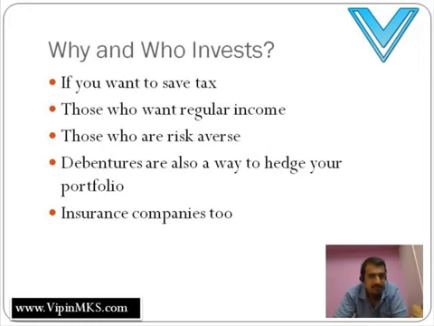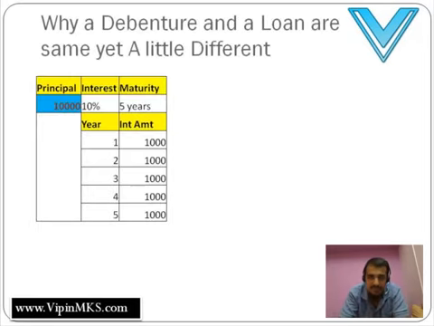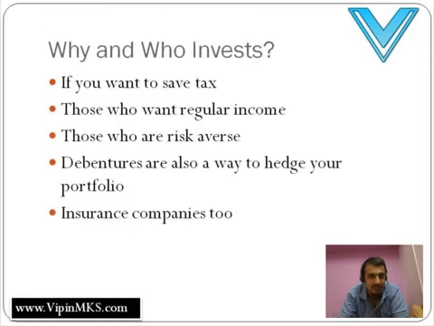But if you invested your money in debentures, debentures offer you a fixed rate of return. This 10% that I've mentioned here is a fixed rate of return. So even though you could be losing 2% on equity, you are offset by investing in debentures. Minus 2% plus 10%, you could get a good rate of return of around 8%. That's how you hedge your portfolio by investing in debentures.